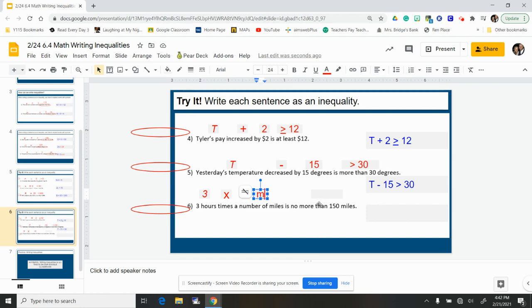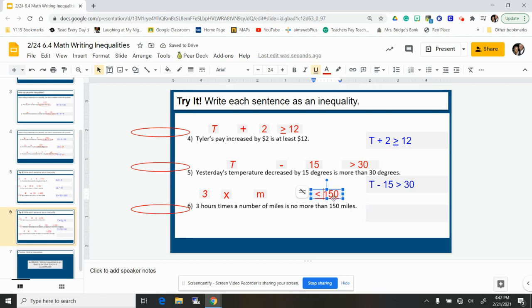No more than is telling us that we're working with equal to, less than, or greater than symbol. Now we need to decide, which one is it? Well, no more than is our less than sign. So I should be dealing with a symbol that looks like this. And then 150 is the last number we need.